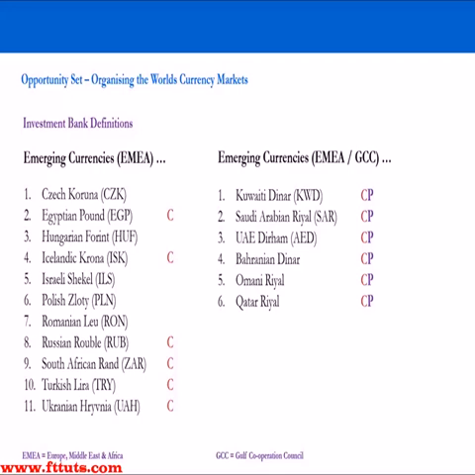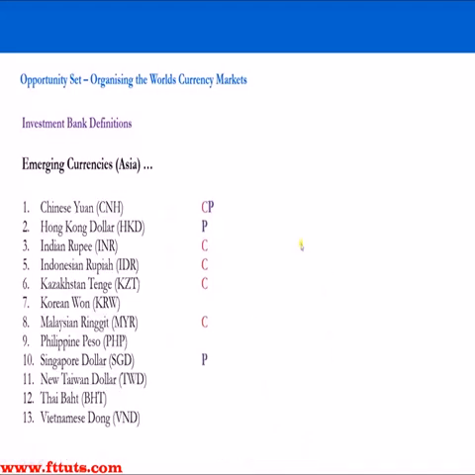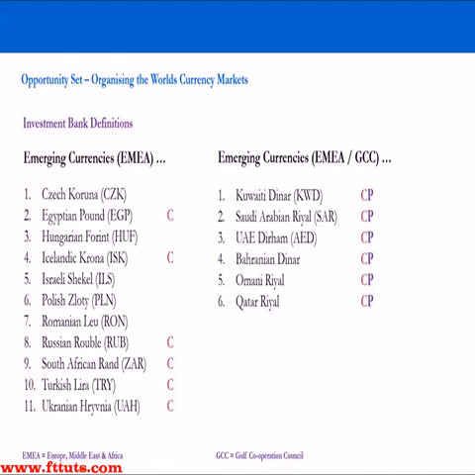Emerging currencies, typically within investment bank definitions, retail broker definitions, are split up into EMEA, so Europe, Middle East, and Africa, Gulf, so Gulf Cooperation Council, GCC, and also on the next page, Asia. And what you see here is that we've marked up again a bunch of these currencies with a letter C, because they're dependent very heavily on just one or two commodity prices.